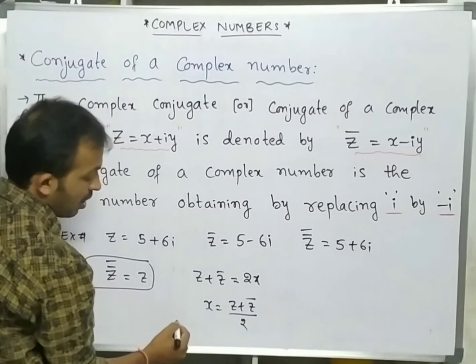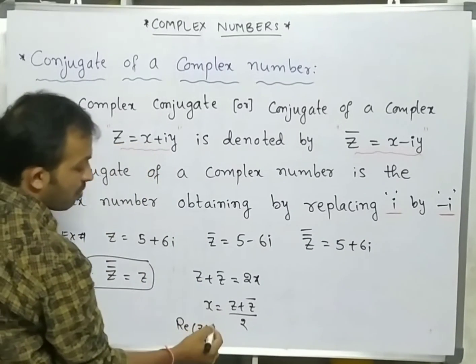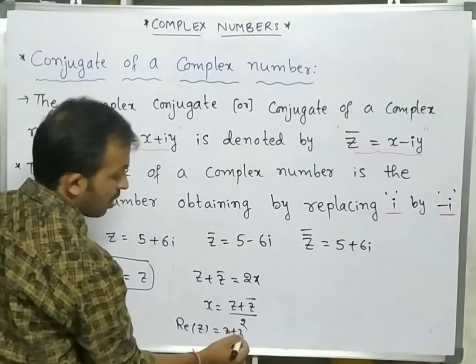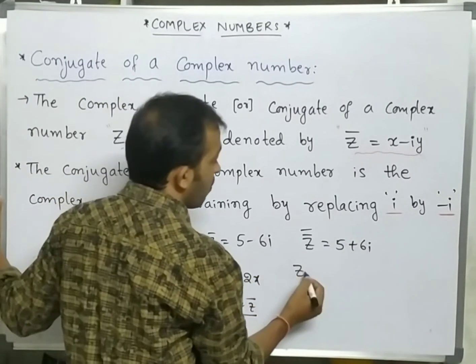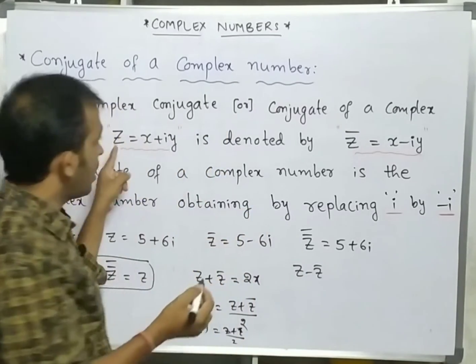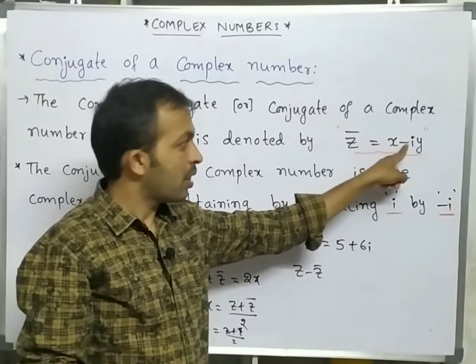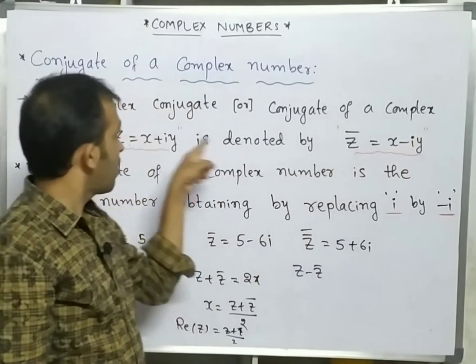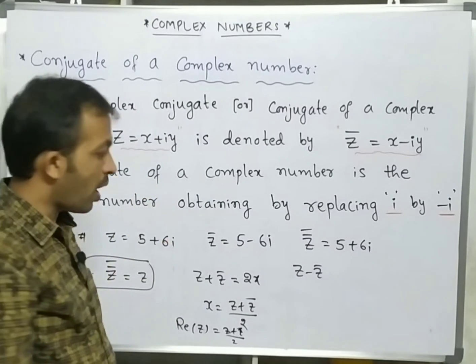That means the real part of z, x, is equal to z plus z bar by 2. Similarly, if we subtract z minus z bar, then it becomes x minus x, which gets cancelled, and we will get 2iy.